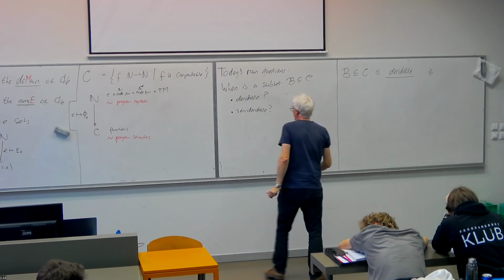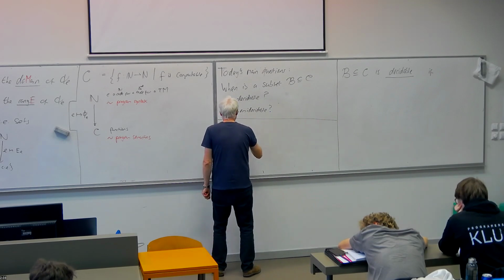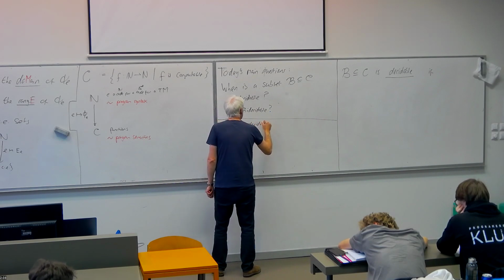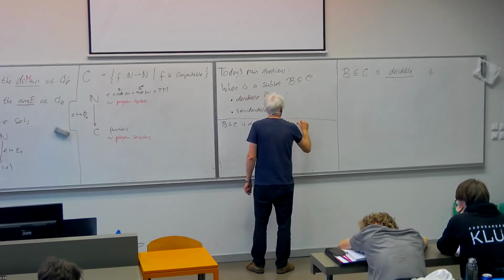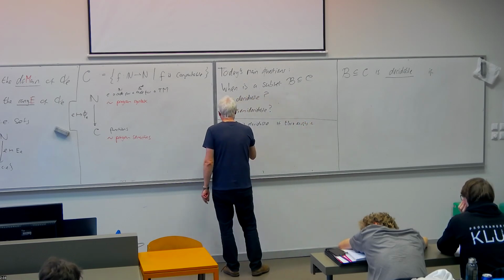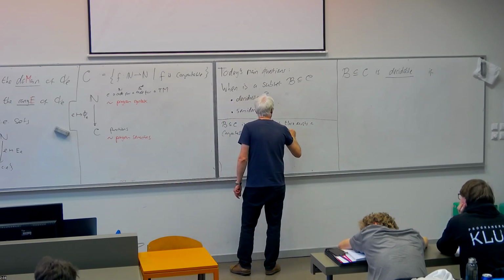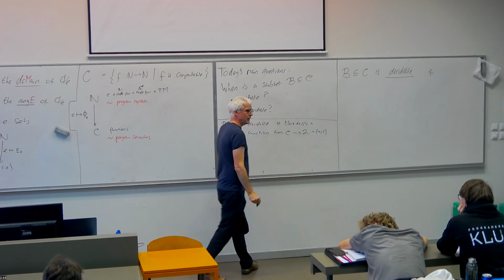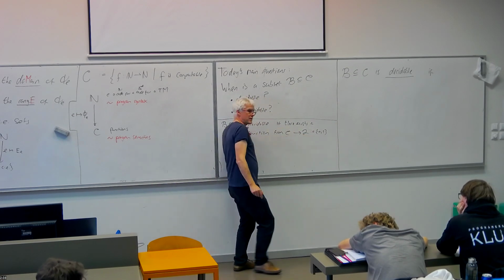B is decidable if, as we remember from the representations definition, there exists a computable function from C, the set of computable functions, to 2, which was the set {0, 1}, such that the inverse image of 1 is the set B.